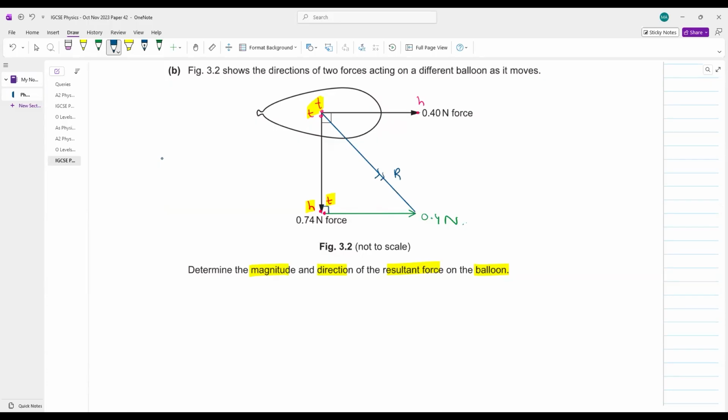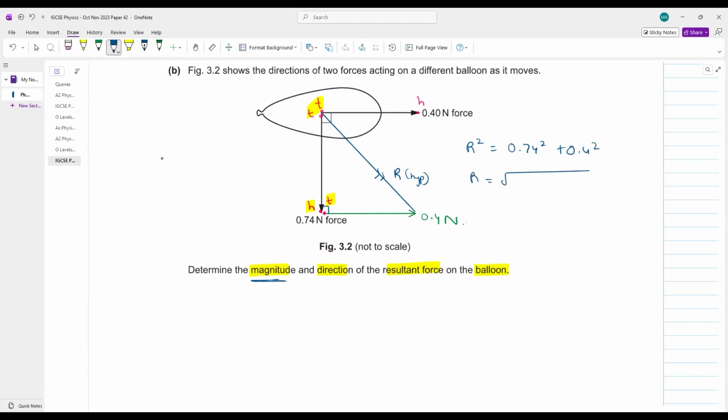Sir, how will we calculate the magnitude of this resultant vector? Simple Pythagoras theorem. Resultant is your hypotenuse. Resultant square is equal to 0.74 square plus 0.4 square.